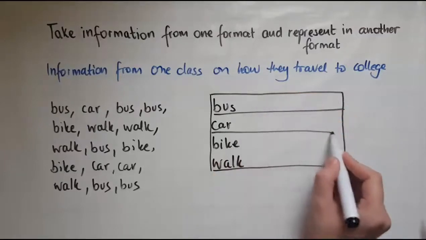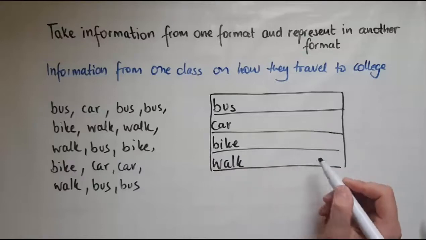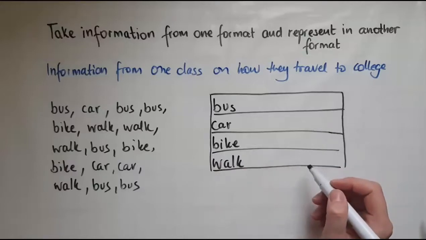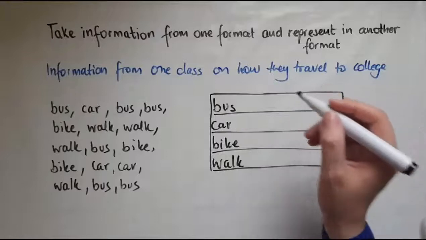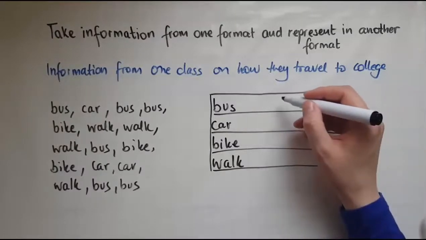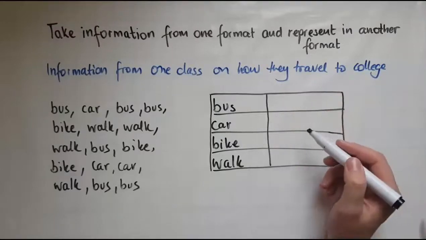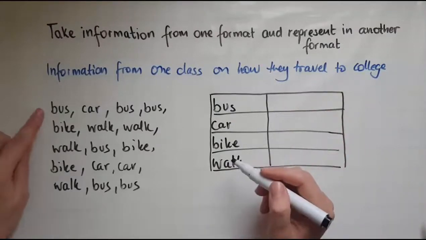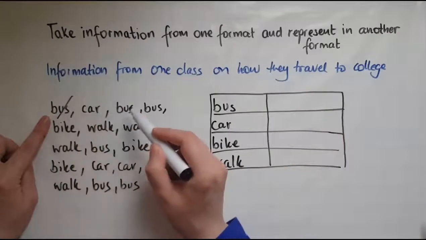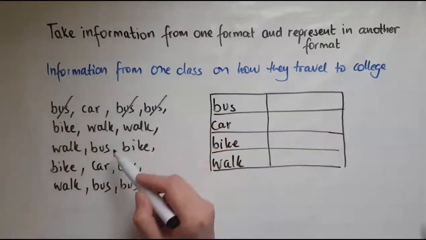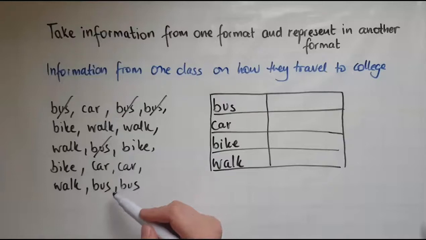So that's the 4 of them. And here I'll include the number. So we've got bus 1, 2, 3, 4, 5, 6.